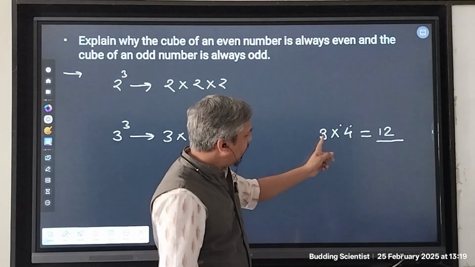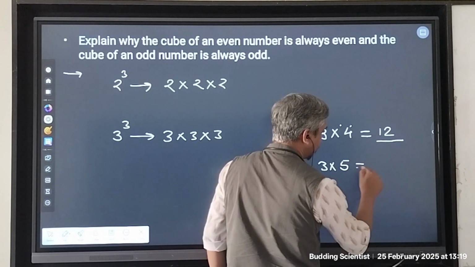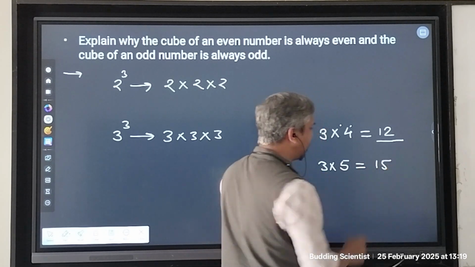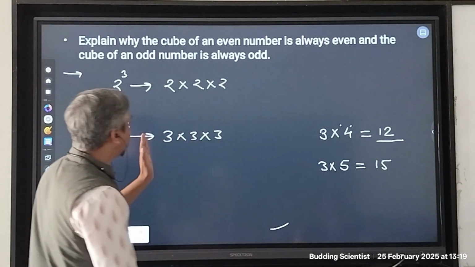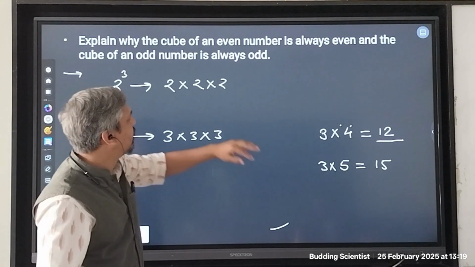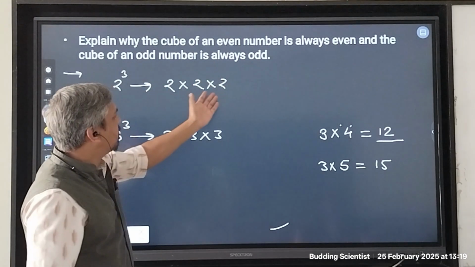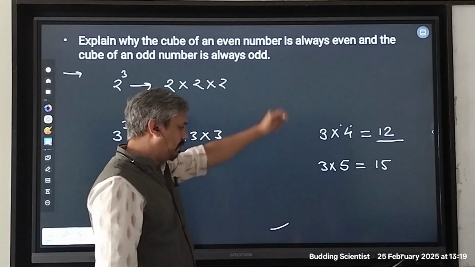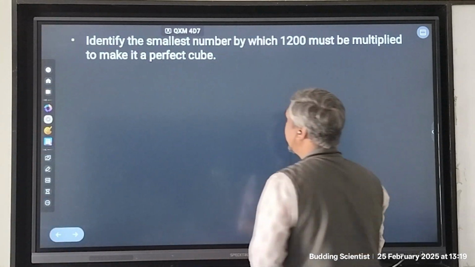But if you multiply an odd number with another odd number, the answer will not be even. It will always be an odd number. So as long as you multiply odd numbers with odd numbers, the answer will be an odd number. So that's why an odd number's cube is always odd and an even number's cube is always even. Let's see the next question.